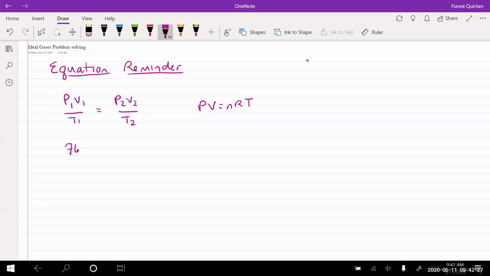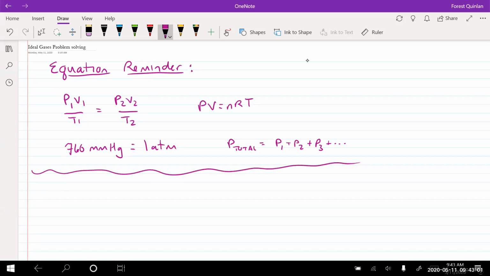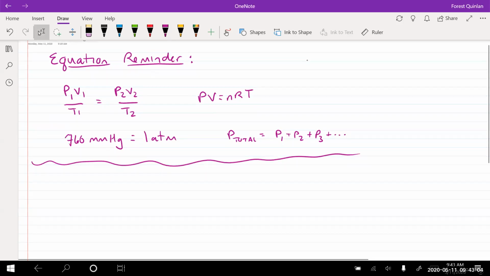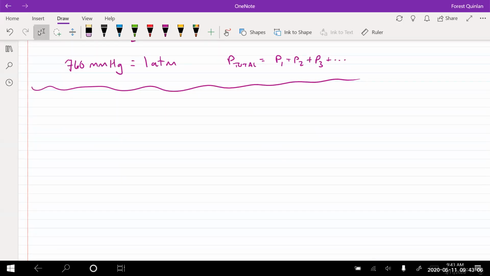We're going to want that 760 millimeters of mercury is equal to 1 atmosphere, and that the total pressure is equal to the sum of all the other pressures. So we're going to keep those in mind, and I'm actually going to be almost using those in the order that you see, except for that 760 equals 1 atmosphere. That is going to be one that we're going to be using ubiquitously in these problems. Okay, so now that we're reminded of the 4 things we need to do this, let's go ahead and just jump into some problems.